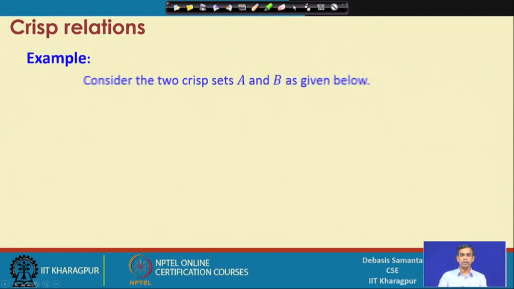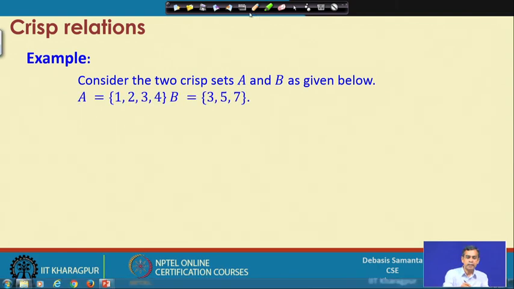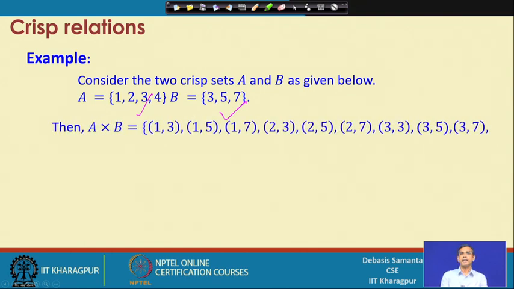Example: suppose two Crisp sets A and B, where A is represented in this form and B is 3, 5, 7. These are the two sets A and B, and we can obtain their Cartesian product, which is all possible ordered pairs.